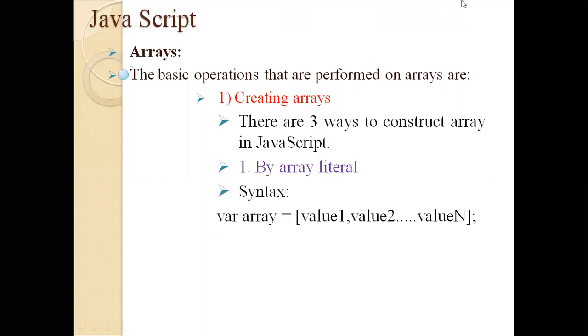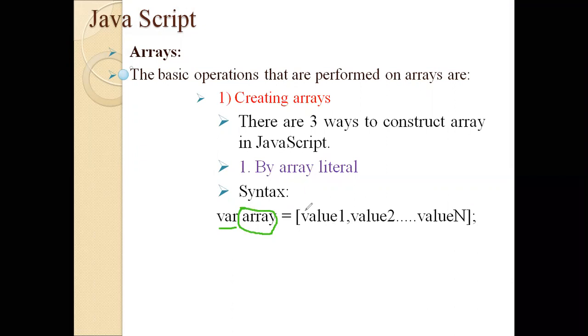So here is the syntax of creating an array by using an array literal. We all know that in JavaScript there is no int, no float, no char. Instead, all variables can be defined by using a common keyword called var, for variable. So we have to use var and then give some name for that variable. If that name stores only a single value, then it is a normal variable.